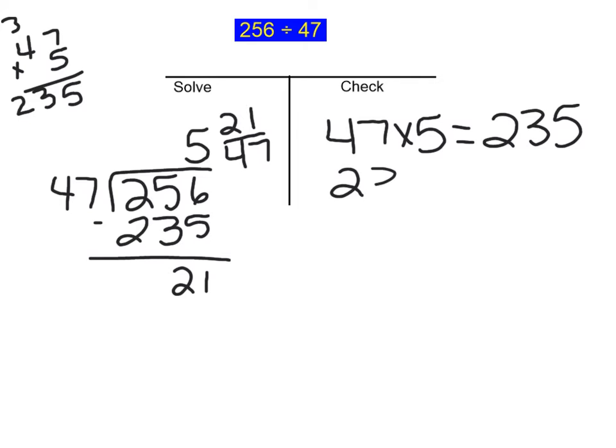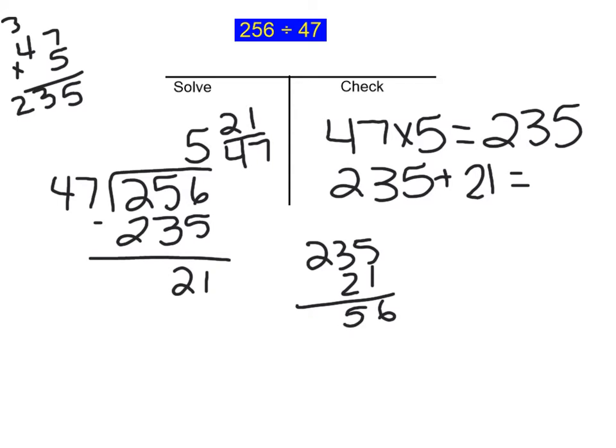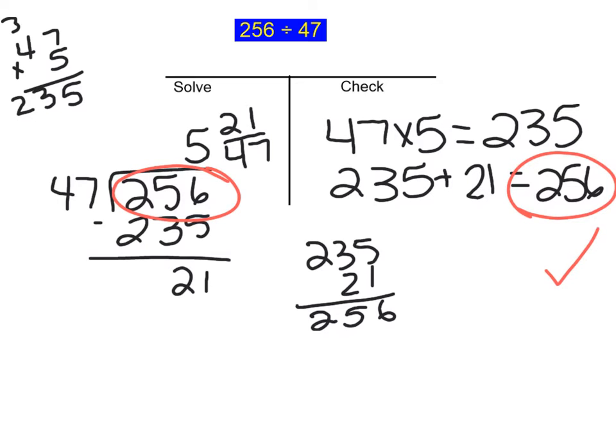And 235 plus our remainder of 21. So if you have to line them up, I get 256. And that should match my dividend, which means that my work checks and my answer is correct.